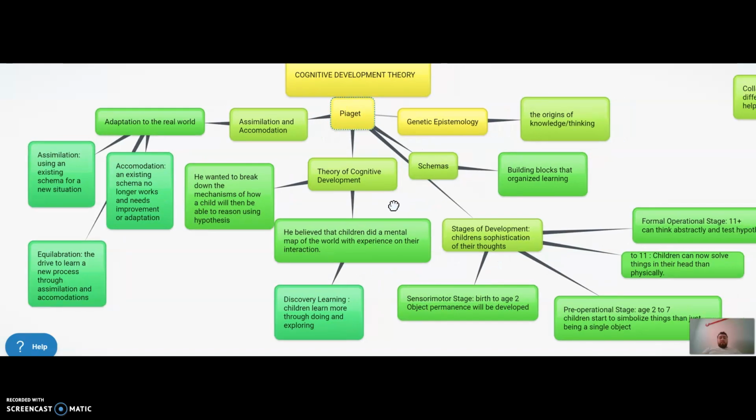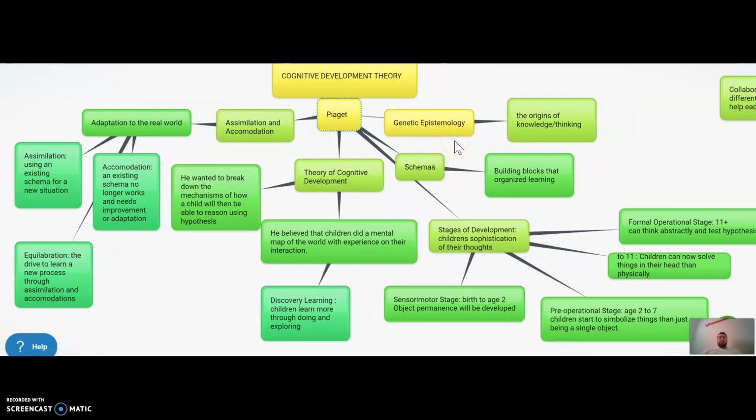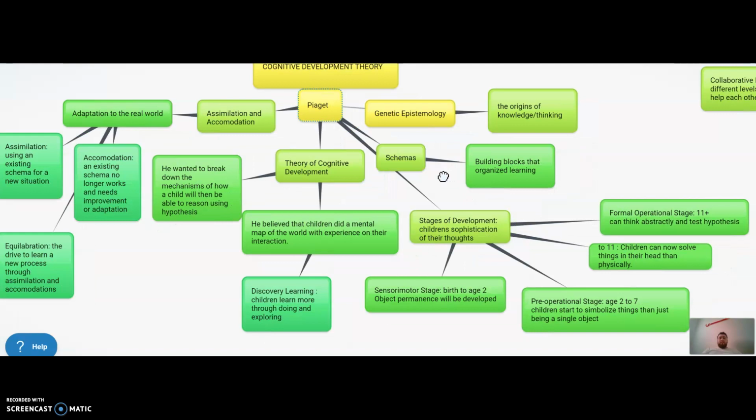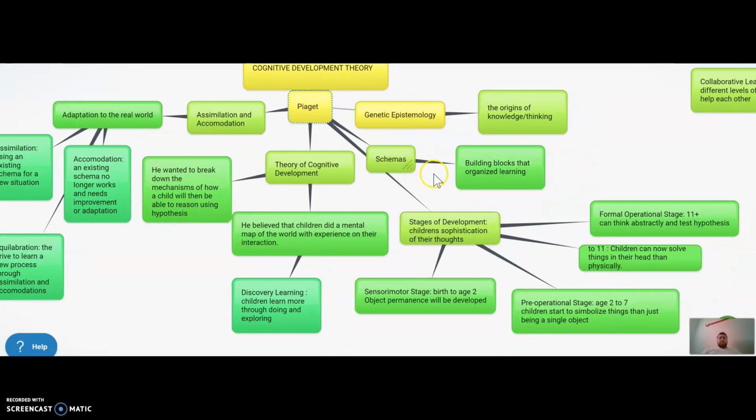Then he talked about genetic epistemology, sorry if I didn't say that right, which is the origins of knowledge and thinking. Then he went into schemas, and what he's saying is these are building blocks that are organized learning.